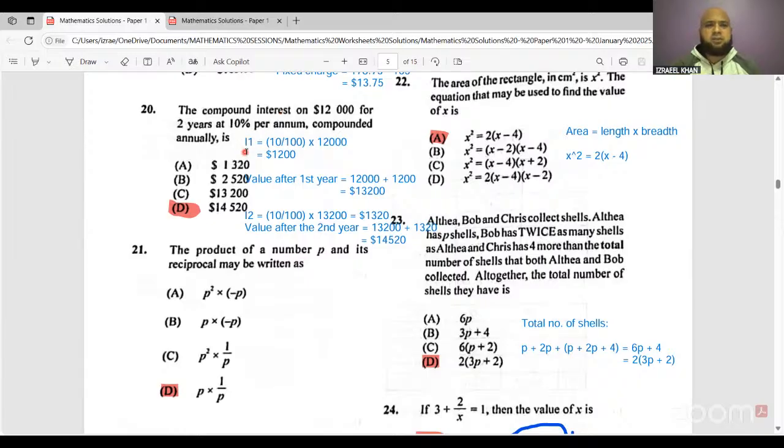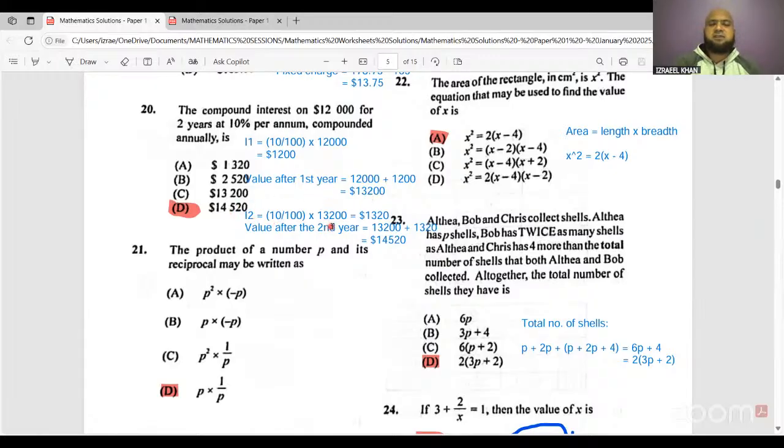So I1, which represents the interest in the first year, we find 10% of 12,000, and you just drop a zero as a shortcut to get $1,200. And compound interest means you add it on to the amount given. So I add 1,200 to 12,000, you get 13,200, and after that, we get the interest for the second year on this.